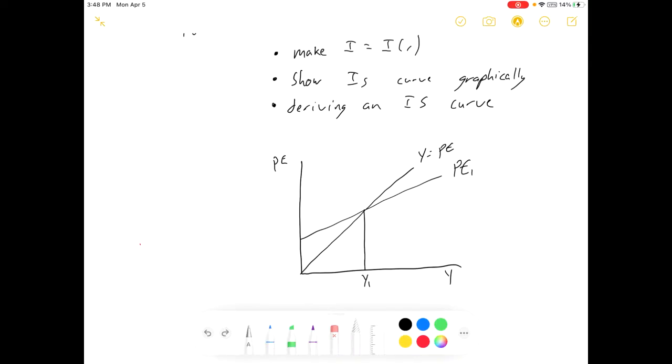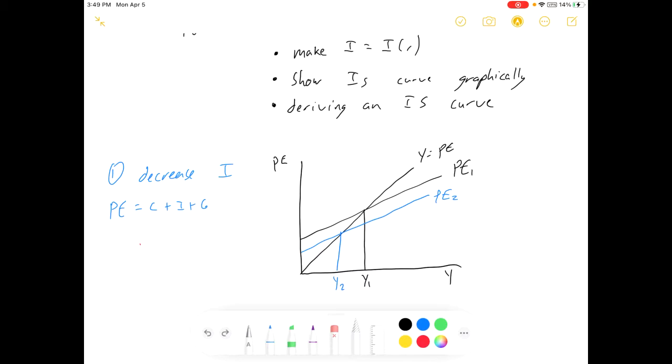There it is, planned expenditures, and then the 45-degree line where Y equals planned expenditures. If you decrease I, don't forget, planned expenditures is C plus I plus G, so if you decrease planned investment, you'll decrease the planned expenditures curve and go to a lower GDP.